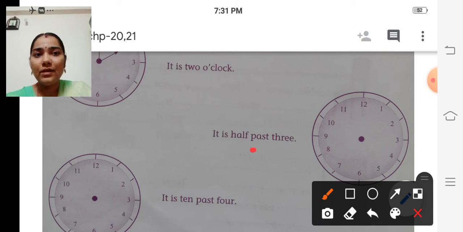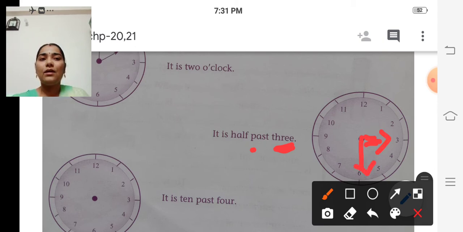Past means this is the same hour, isn't it? So the hour hand should be at 3 and the minute hand should be at 6. It is 3:30. Okay, how many minutes past 3? Half past.